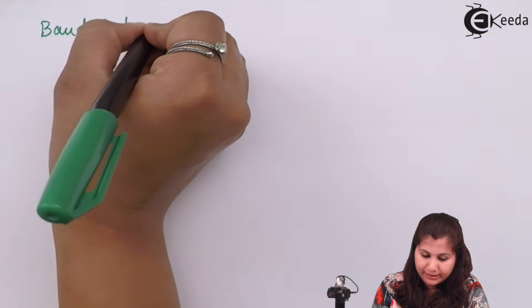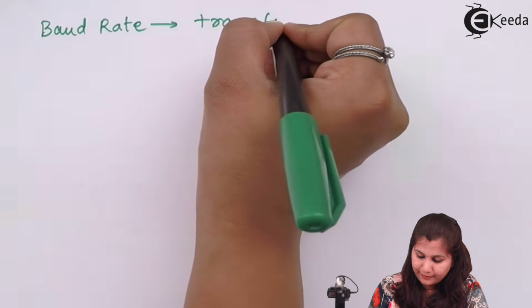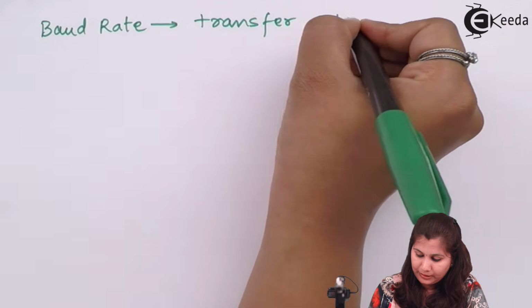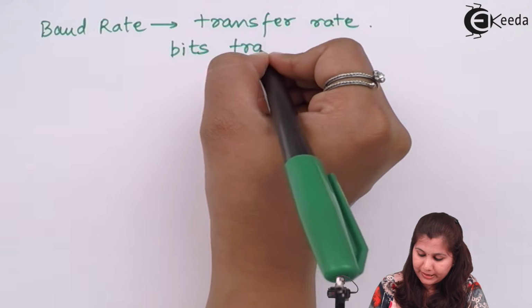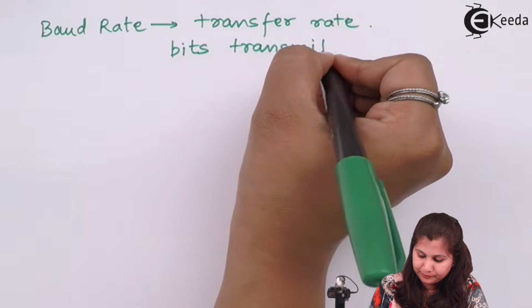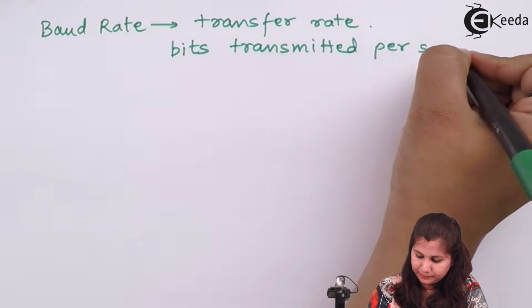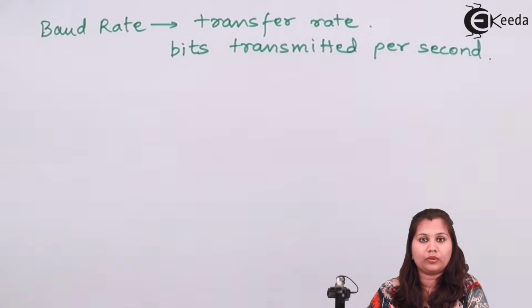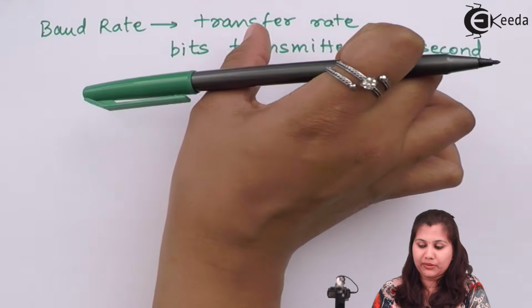The baud rate is also called the transfer rate, and it means bits transmitted per second. How many bits are transmitted per second is called the baud rate or the transfer rate.